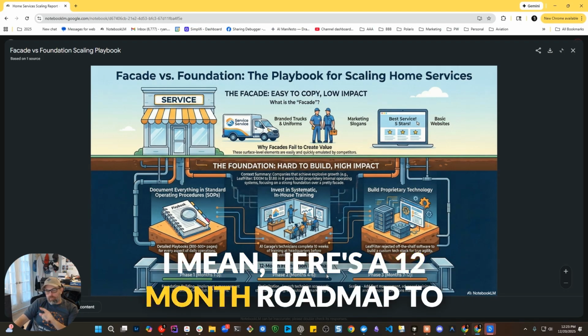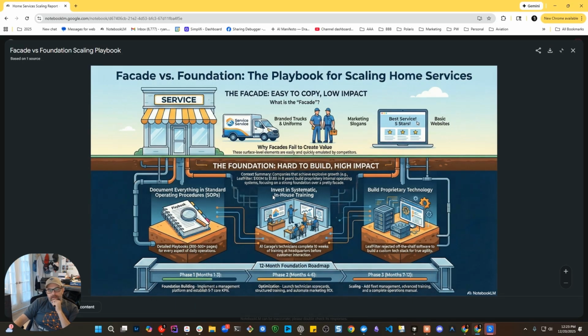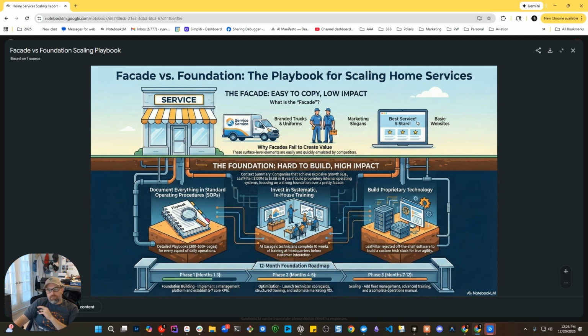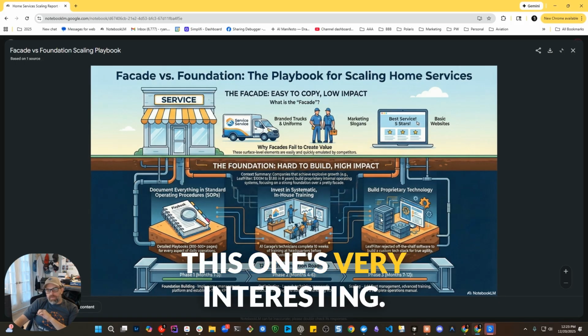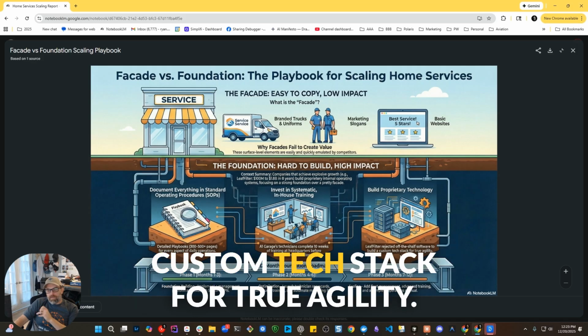I mean, here's a 12-month roadmap to get your company to this level. Invest in systematic in-house training. Build proprietary technology. This one's very interesting. Rejected off-the-shelf software to build a custom tech stack for true agility.